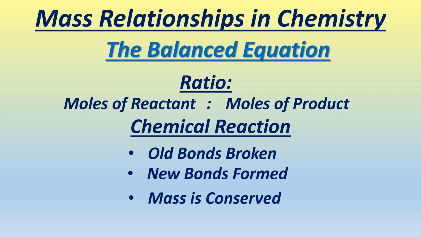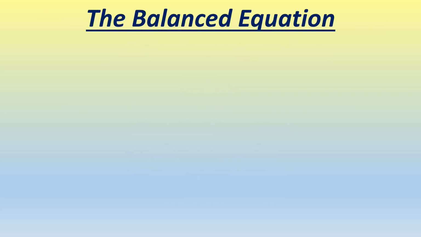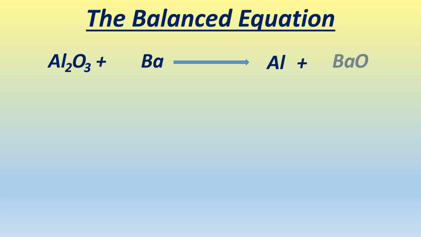So, look at a chemical reaction. As written, this is a qualitative statement that aluminum oxide will react with barium to make aluminum metal and barium oxide. However, the ratios are not balanced.